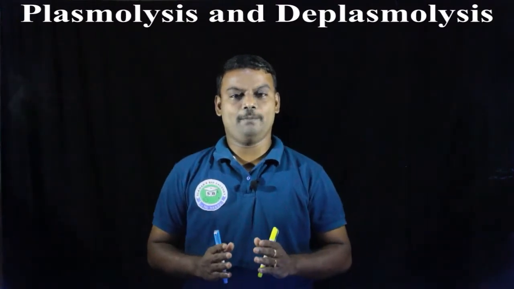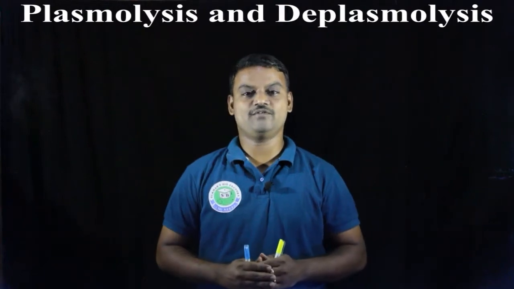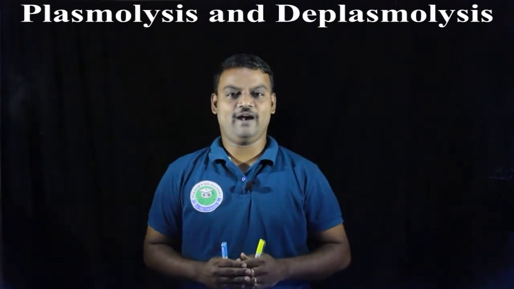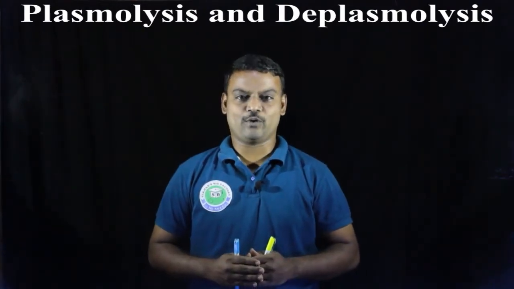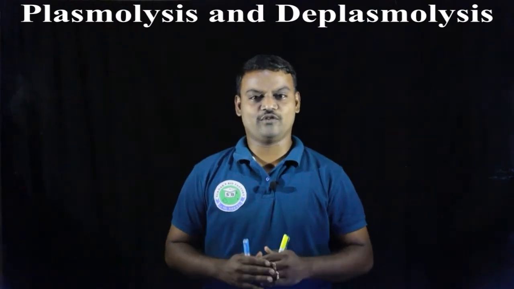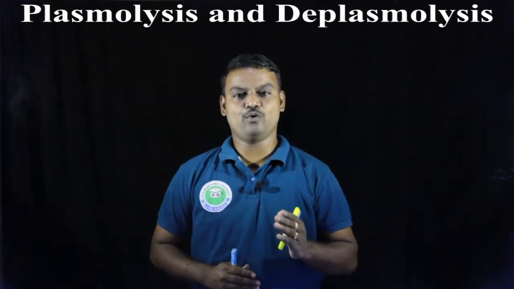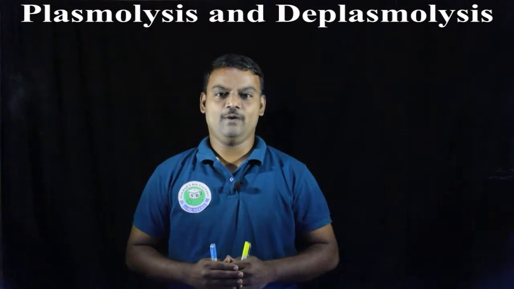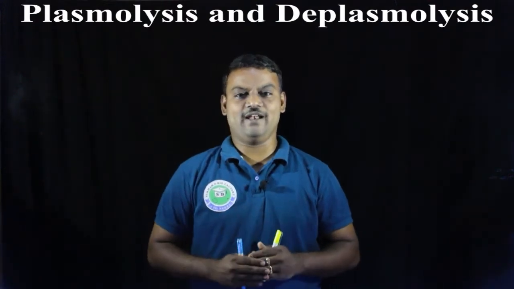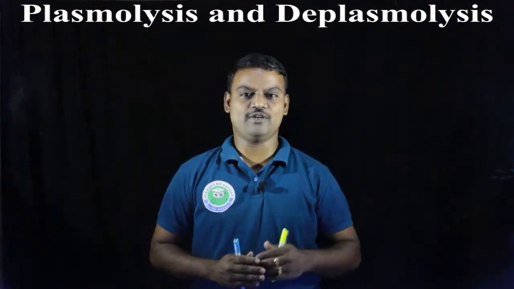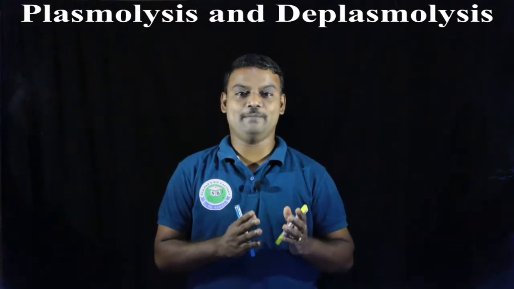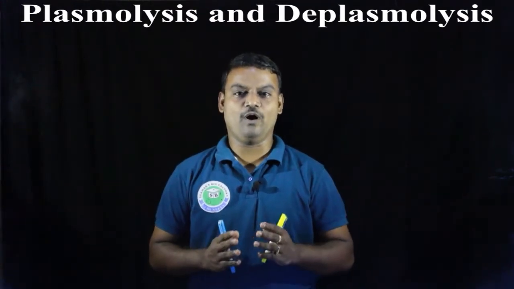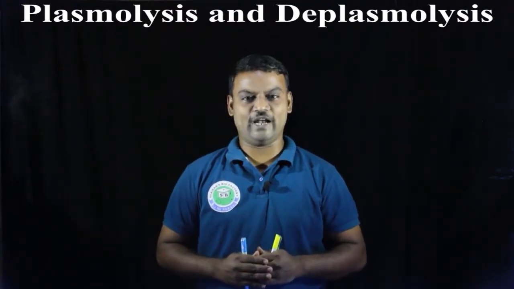Solutions are basically of three types based on concentration: hypertonic solution, isotonic solution and hypotonic solution. When we keep a living cell in these three types of solution, how the cell behaves regarding water movement, let us discuss now.